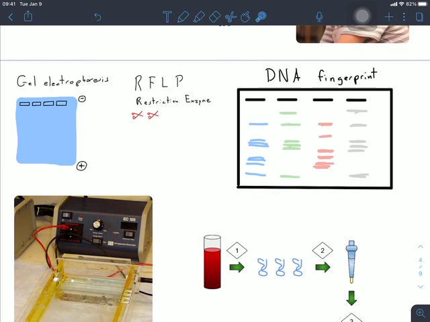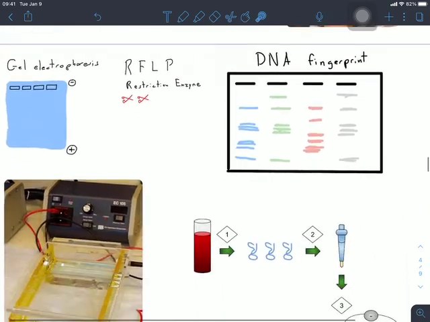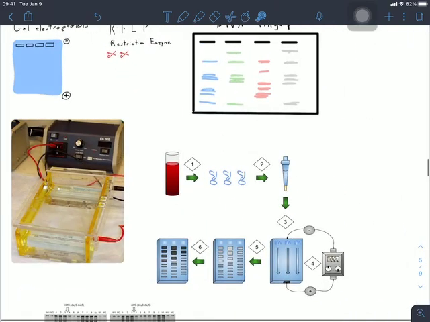So how actually is this DNA fingerprint established in tandem repetitive sequence? Well, going from the entire process, we see DNA is extracted. In part 2, you're going to then do some sort of molecular biology to the DNA.